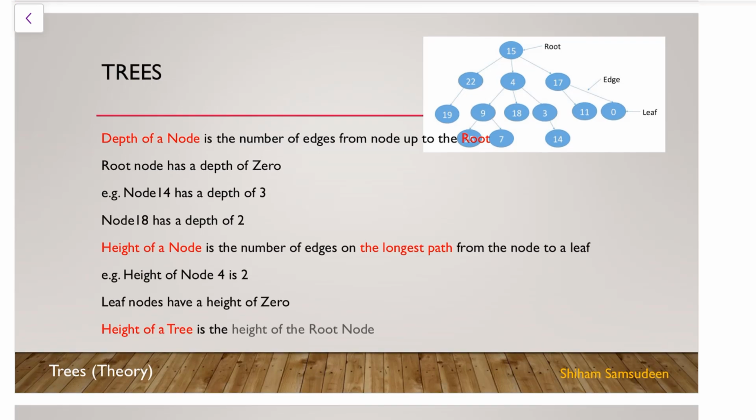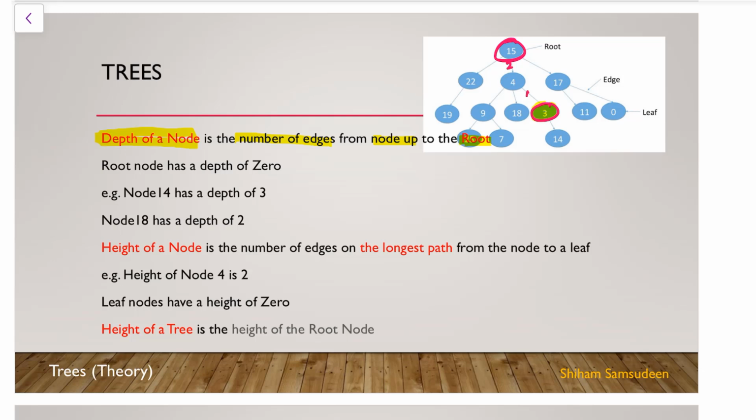And then there are some other terminologies, like the depth of a node. If you take any node like this 3 here, the depth of a node is the number of edges from the node up to the root. So we need to count. If somebody asks what is the depth of node 3, you have to count the number of edges. Here 1, 2 up to the root, right?